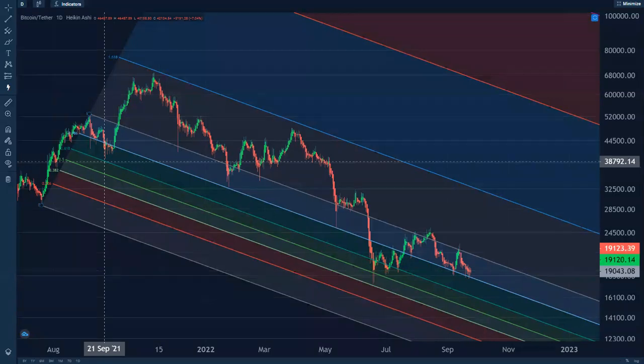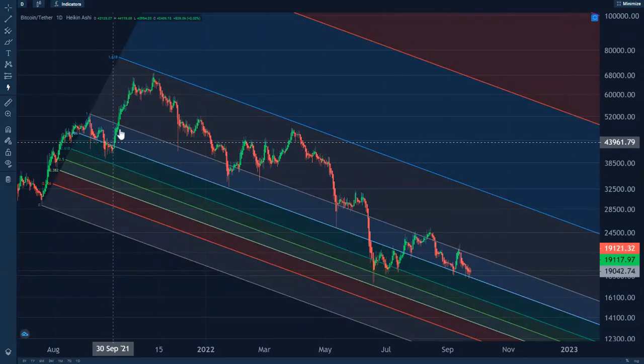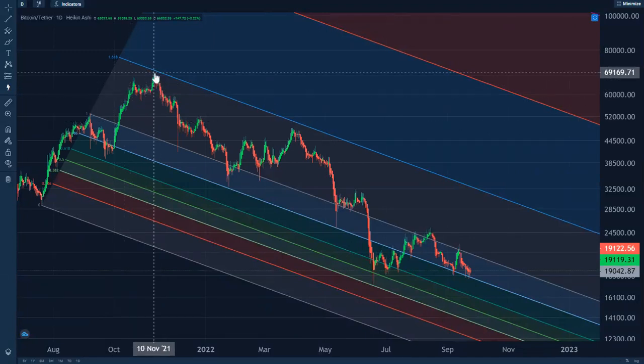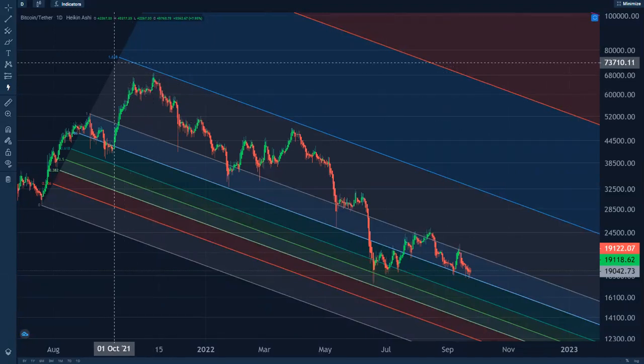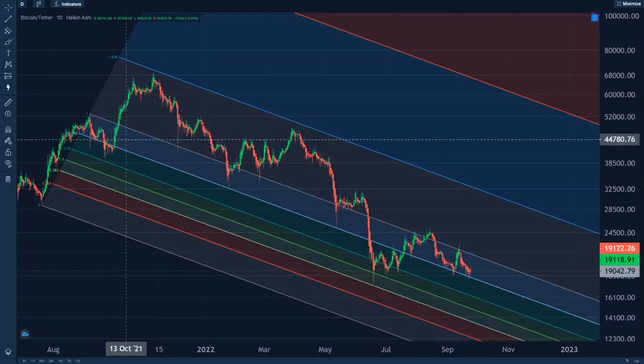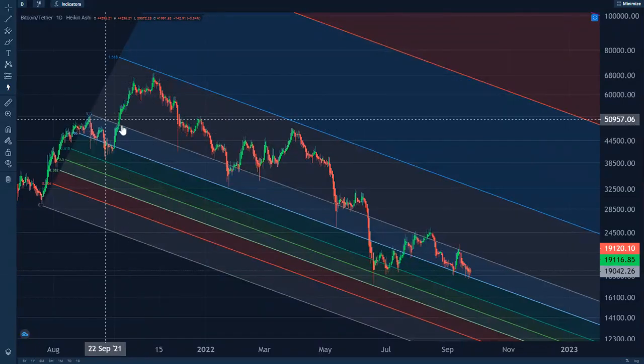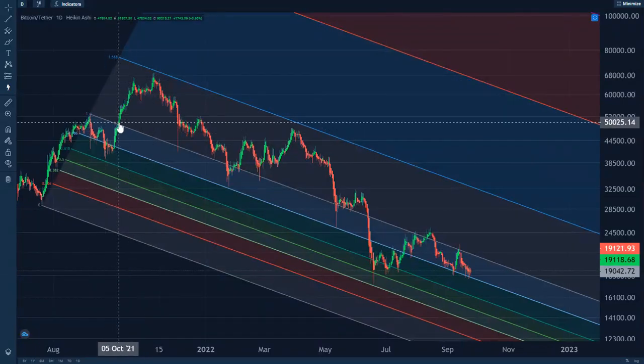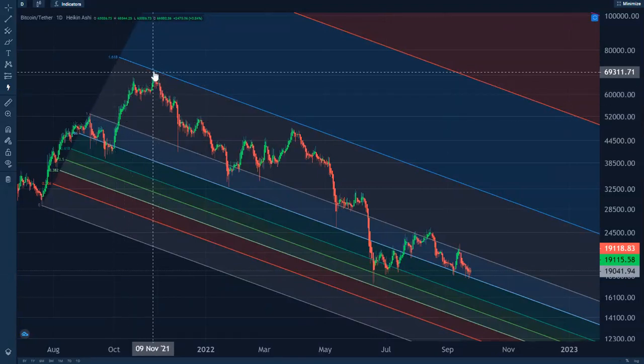Well, the data is already here for you to see, but we moved up and we kissed the 1.618 level. This is an extreme level. Once we broke into this level, you can see Bitcoin had an extremely fast move up at breakneck speed, and of course subsided on this line.